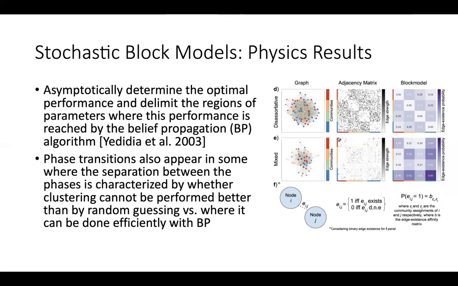What the physicists observed and discovered was that it's possible to determine the optimal performance and identify regions or parameters where such performance can be reached by belief propagation algorithms. And again, going back to the theme around phase transitions, there's a separation between phases, which is characterized by where it is possible to do clustering and where it is not possible to do so.